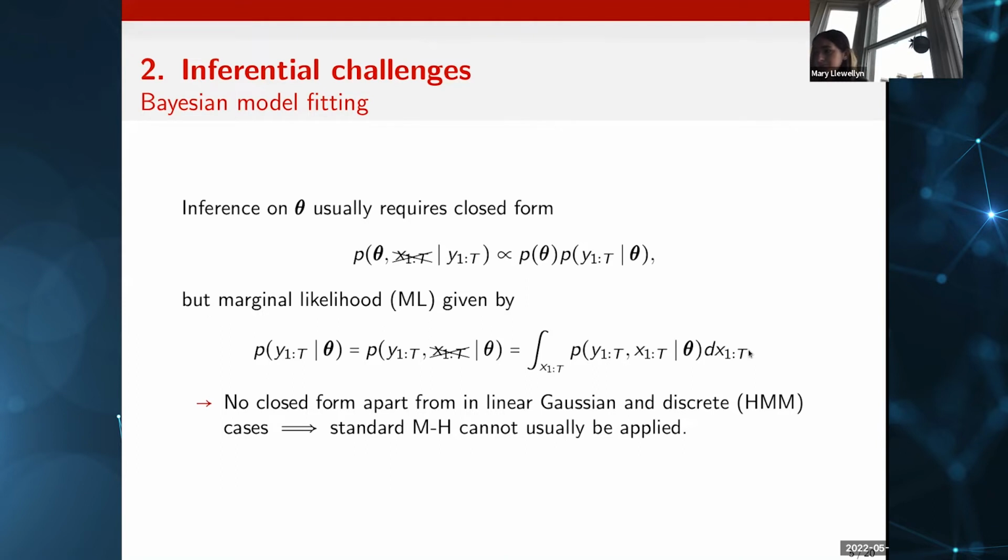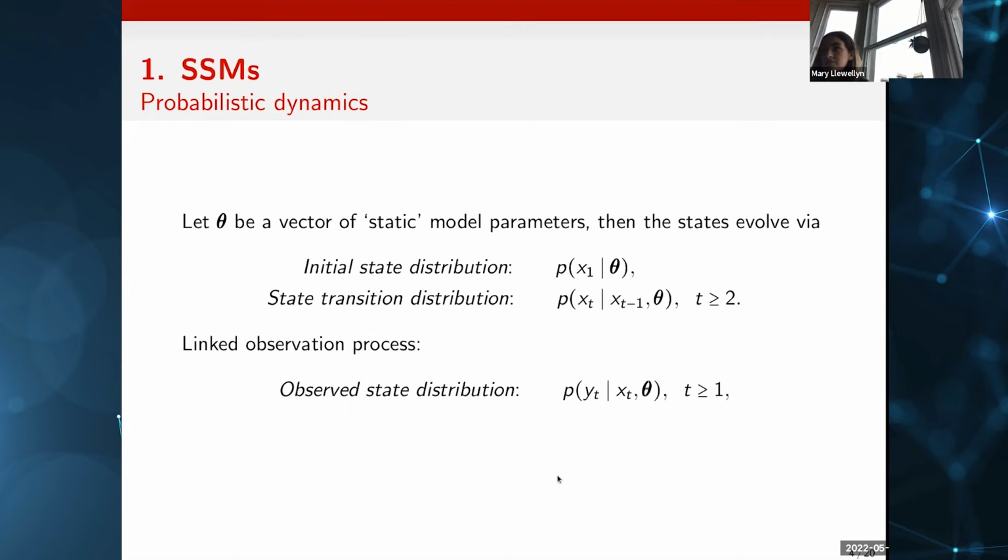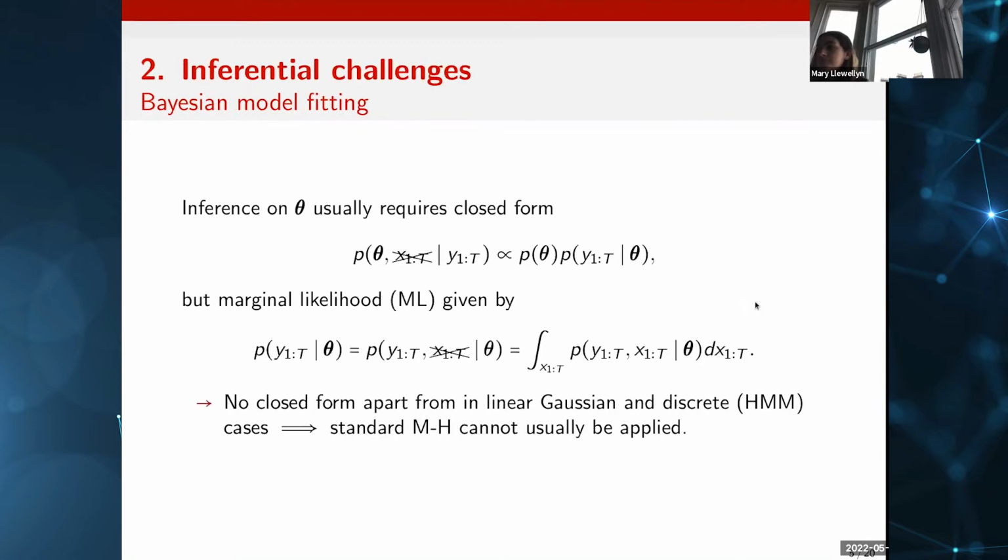So although we actually have the component expressions for this joint distribution, so it's just the product of these system densities and this observation process density here, the integral of those component densities has no closed form apart from in very exceptional cases.